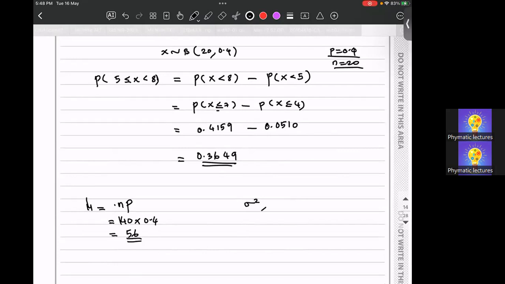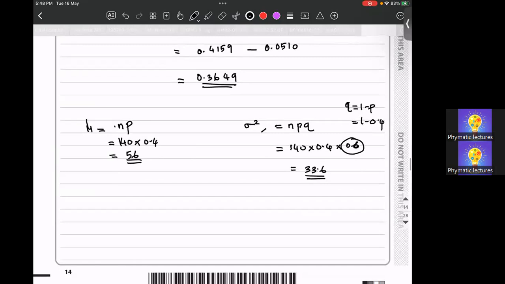And then for the variance, the equation is npq. So that is 140 multiplied by 0.4 multiplied by 0.6, which is 33.6. How did we get that 0.6? q is 1 minus p, 1 minus 0.4. So the variance is 33.6.